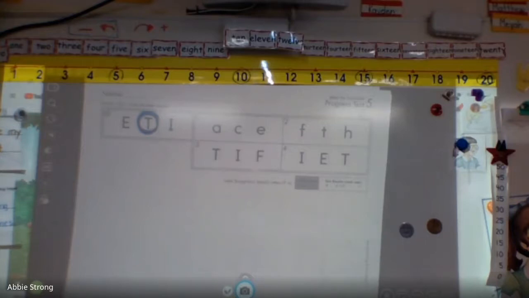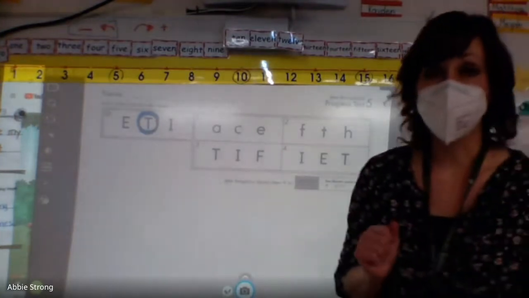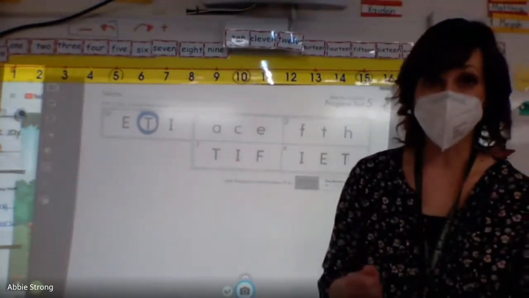All right, and the last one is box number 4. Okay? Box number 4 says circle uppercase E. You are going to write uppercase E on your piece of paper or your whiteboard.